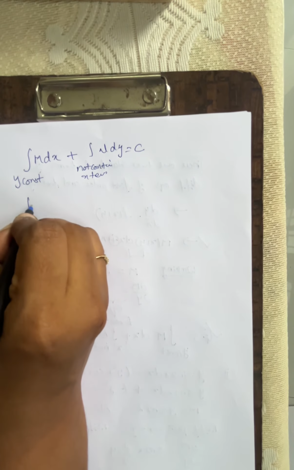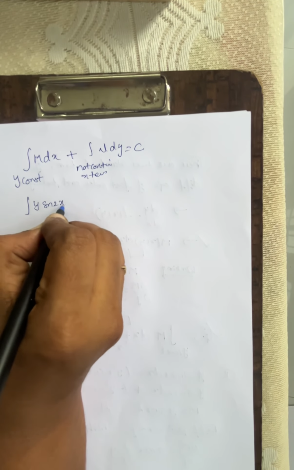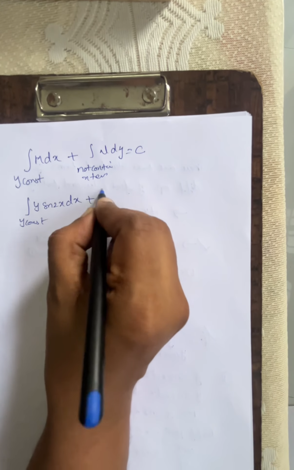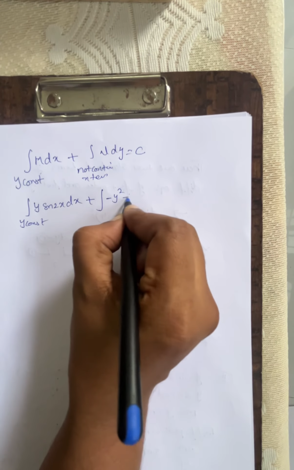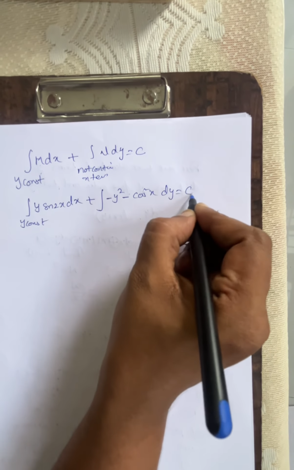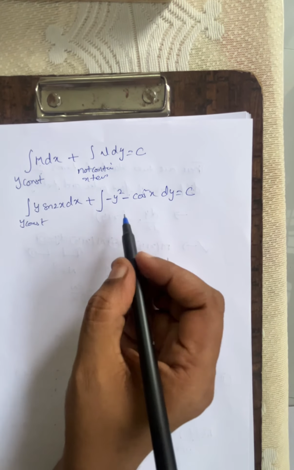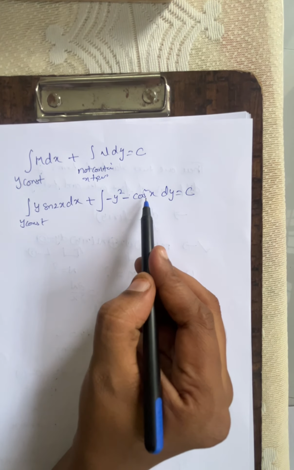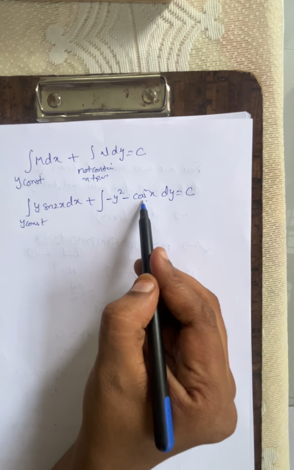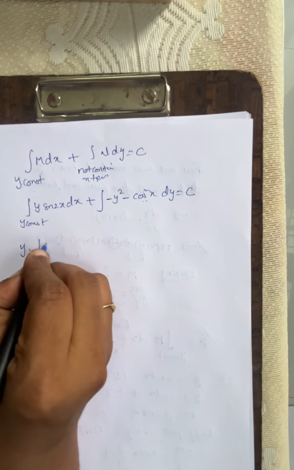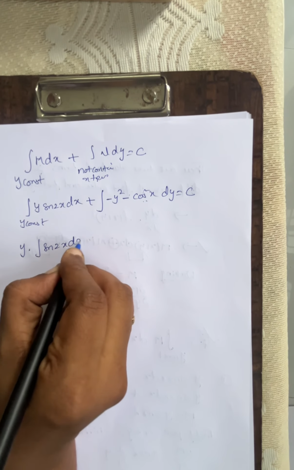So, y sin 2x dx with y constant, plus minus y square minus cos square x dy equal to c. I told you, take only terms not containing x. If you observe this, x is there, but it is in cos square x. So y is constant.